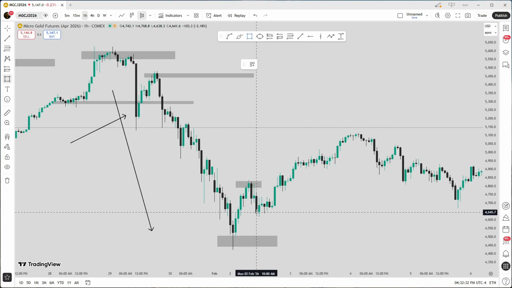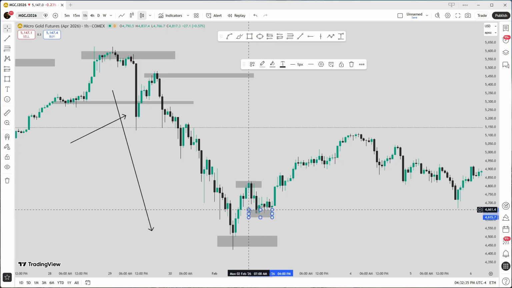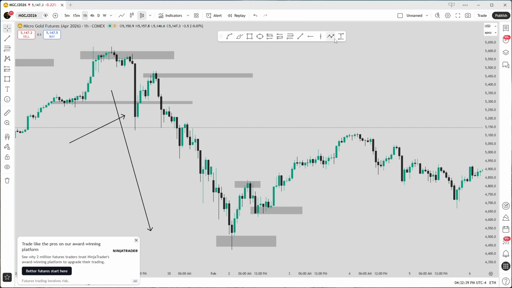This is the first sign of the trend changing, because this low is higher than this low, and if the market is going down, it's not supposed to create a higher low. That doesn't mean the market is trending up or you should place a buy here.